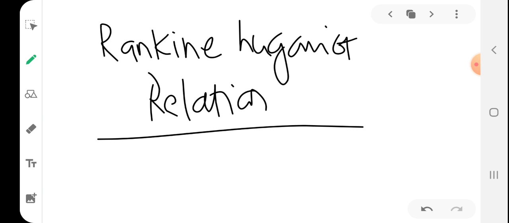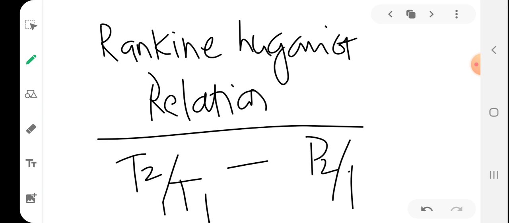Here we are trying to establish a relationship between the temperature ratio, the pressure ratio and the density ratio. These ratios should be related to each other based on the Rankine-Hugoniot equation. The aim of these relations is getting a relationship between temperature ratios across the shock, static pressure ratios across the shock and density ratios across the shock.